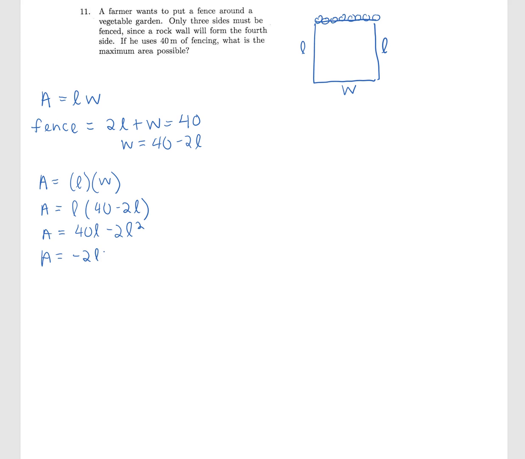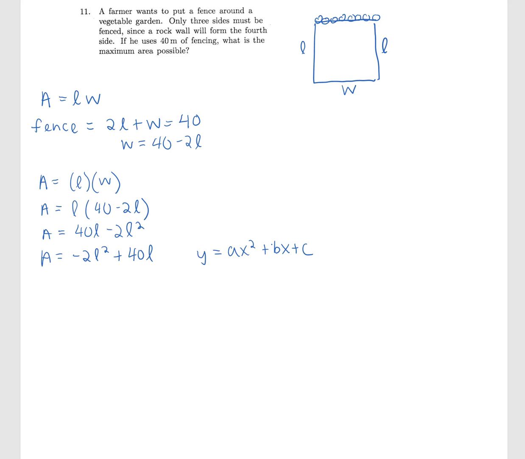So I'm going to put the negative 2L squared in the front, adding 40L. And I just did this to make it a little bit more obvious that what we have here is a function that's in the form y equals ax squared plus bx plus c. But in this case, we don't have a term c. C is just equal to 0 in this case.